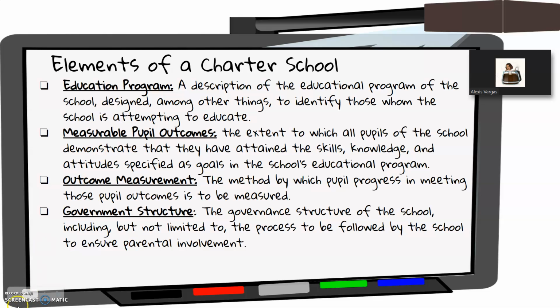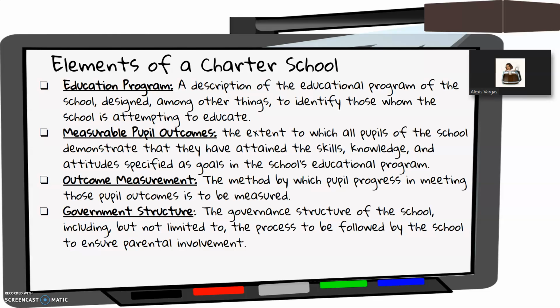All right, so elements of a charter school. Right here we have multiple elements, and some of them include the education program, measurable pupil outcomes, outcome measurement, and government structure. So we'll go a little bit more into what those are. The education program is a description of the educational program of the school, designed, among other things, to identify those whom the school is attempting to educate.